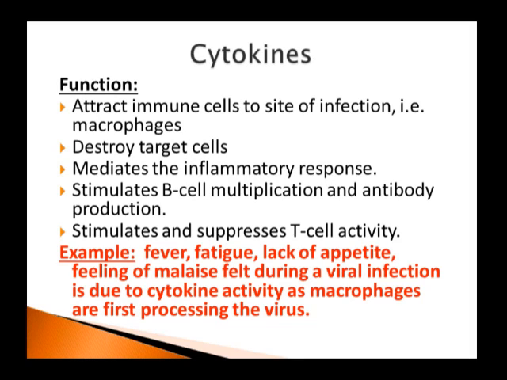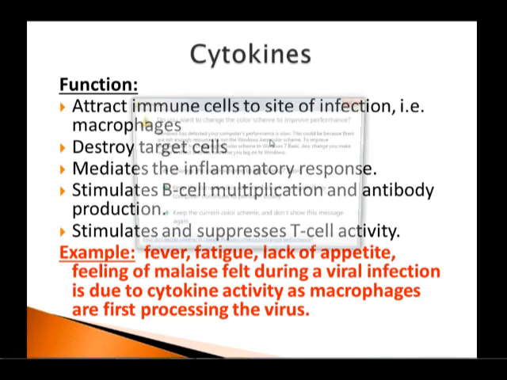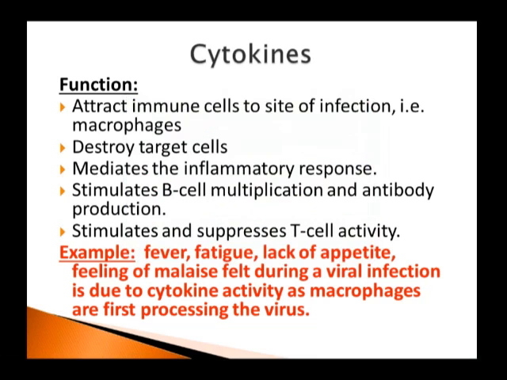What do cytokines do exactly? Well, they attract immune cells to the site of infection. They themselves can destroy stuff. They can mediate the immune response. They can stimulate these B cells to produce more antibodies. They can stimulate as well as turn off T cell activity.